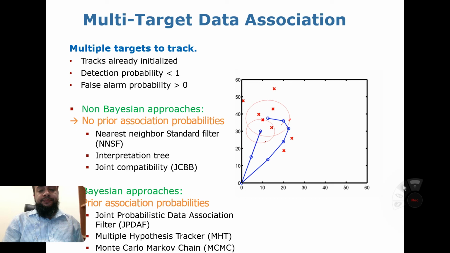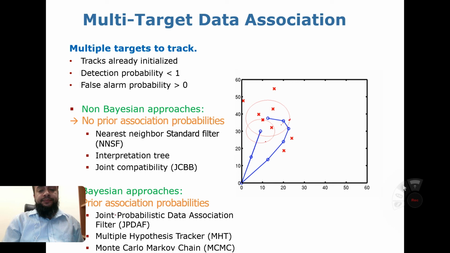So there are two approaches: a non-Bayesian approach and a Bayesian approach. In the non-Bayesian approach, there are the nearest neighbor standard filter, the interpretation tree, and the joint likelihood. In the Bayesian approach, there is the joint PDA. Joint PDA is similar to the PDA filter from before, but when we say joint, it means shared.